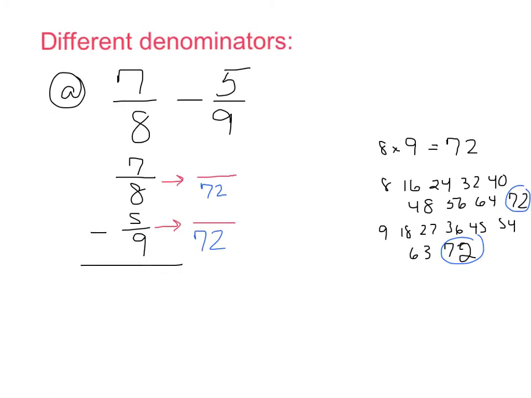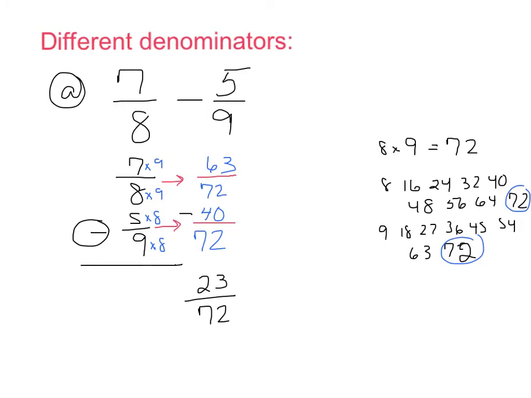So I have to think, in order to get to 72, I would have to multiply 9 by 8. Whatever I do to the denominator, I also need to do to the numerator. 8 times 5 gives me 40. 8 times 9 gives me 72. So 7 times 9 gives me 63. The minus sign stays. 63 minus 40 gives me 23 over 72.